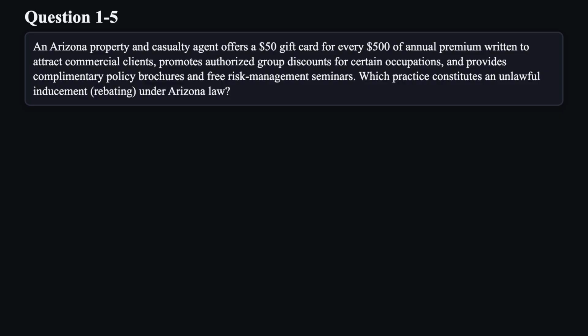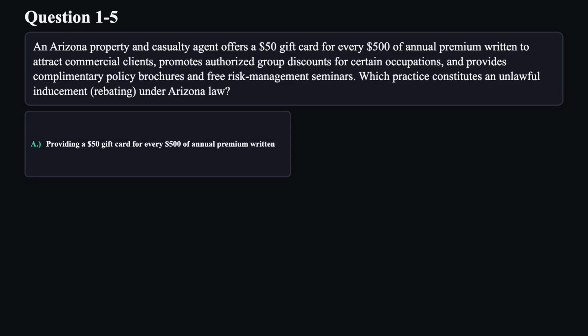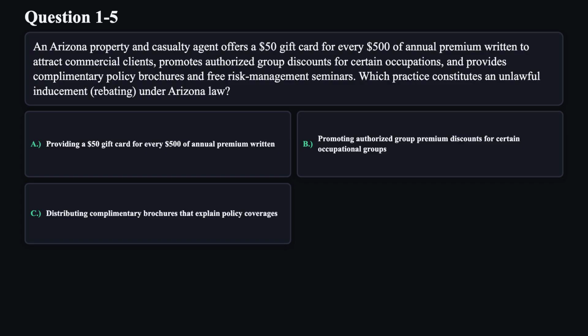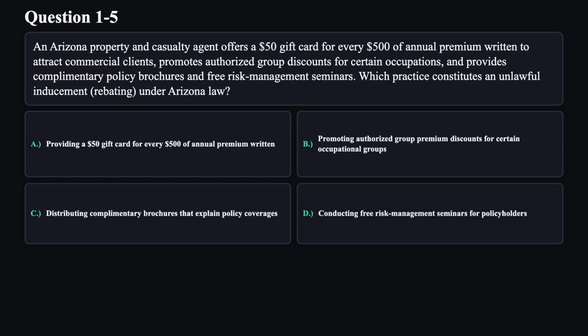Which practice constitutes an unlawful inducement, rebating, under Arizona law? A. Providing a $50 gift card for every $500 of annual premium written. B. Promoting authorized group premium discounts for certain occupational groups. C. Distributing complimentary brochures that explain policy coverages. D. Conducting free risk management seminars for policyholders.